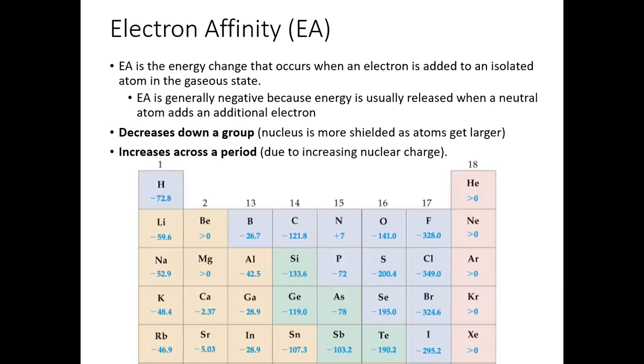So it decreases down a group, because it's so easy for it to lose an electron, and increases across a period, because the more negative elements are to the right and the less negative or positive elements are to the left.